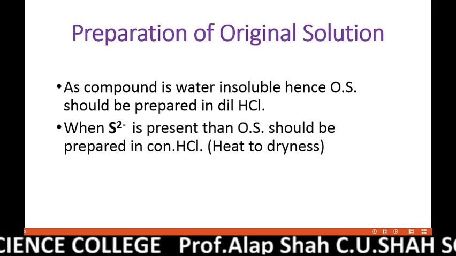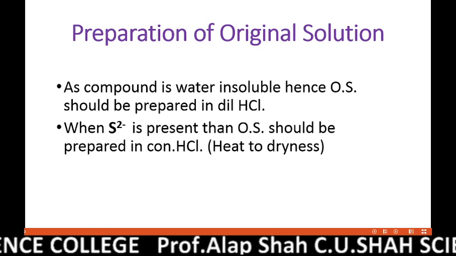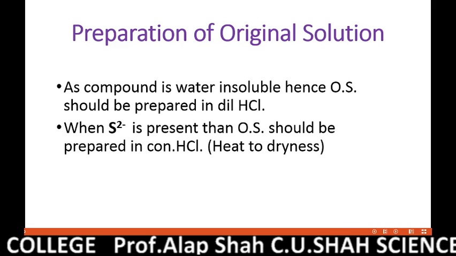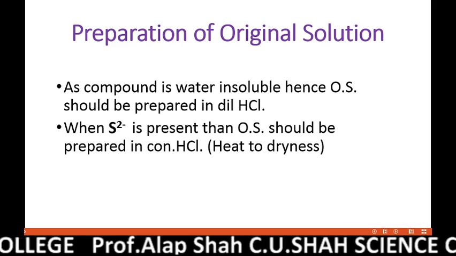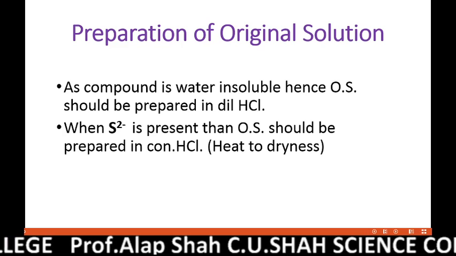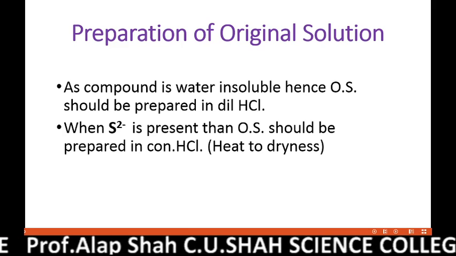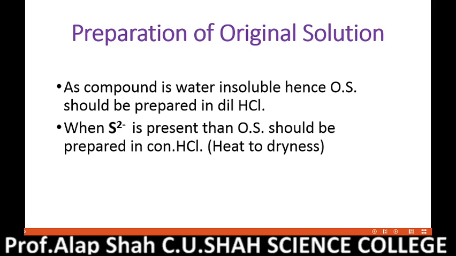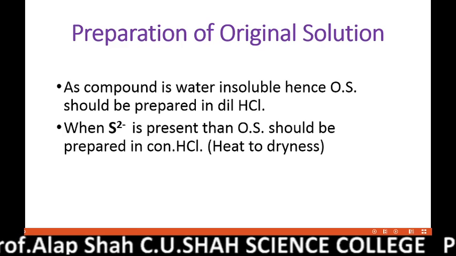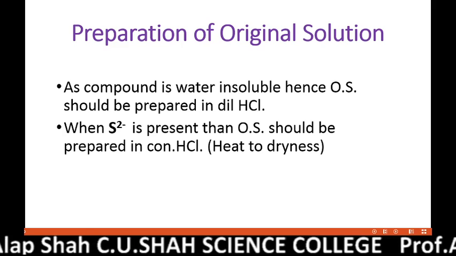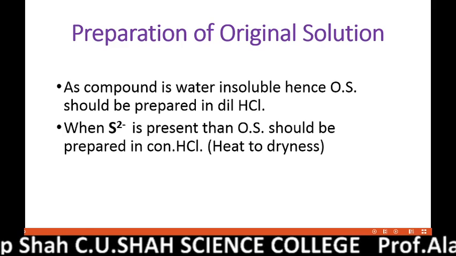Once HCl is removed and the residue becomes dry, then once more add 1 or 2 ml concentrated HCl, do the same process, and again remove the HCl and make it dry. After the second time, add dilute HCl, almost half a test tube, and this will be your OS.